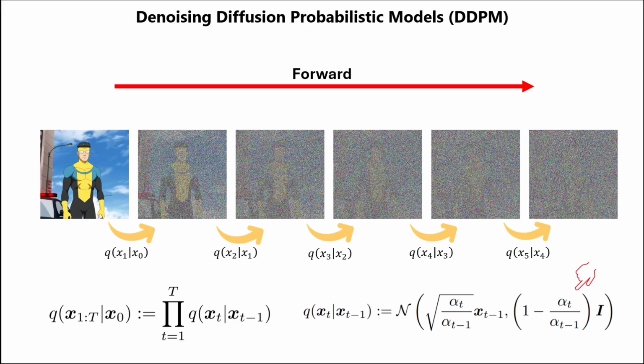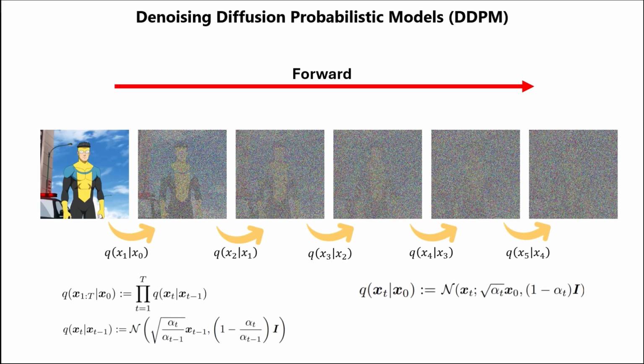It is multiplied by coefficients where initially the fraction should be closer to 1, so we have no variance, and the image is equal to a normal distribution whose mean is the same as the image and the variance is 0. We iteratively add noise by decreasing the value of this fraction, and ultimately the fraction becomes 0, and we have a random normal distribution with 0 mean and unit variance.